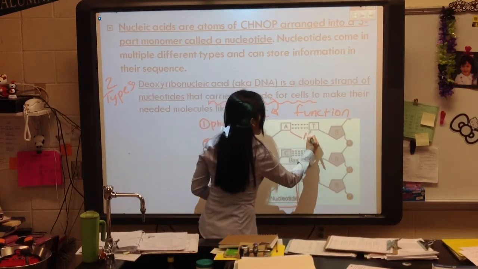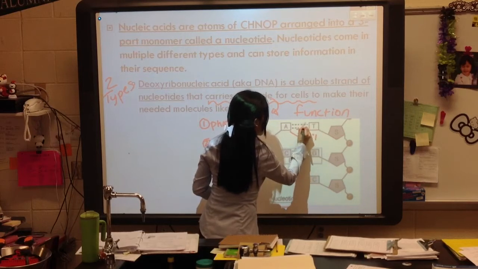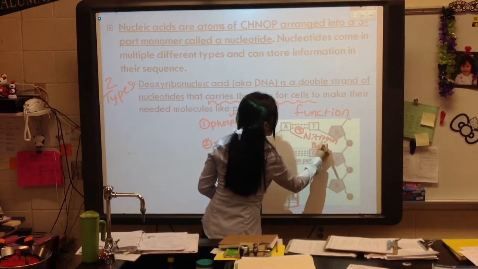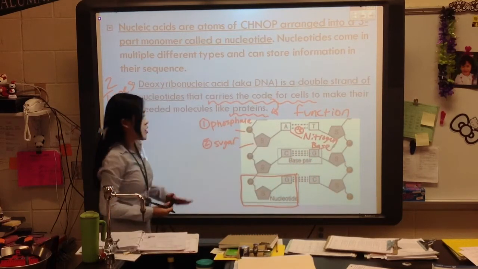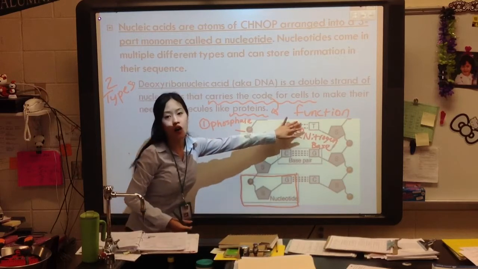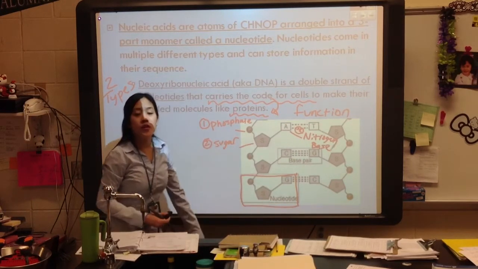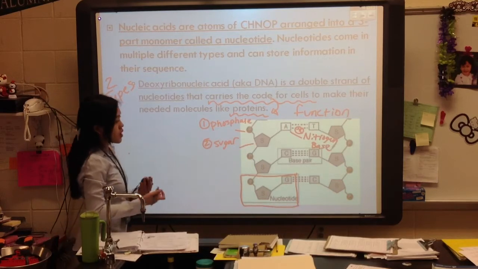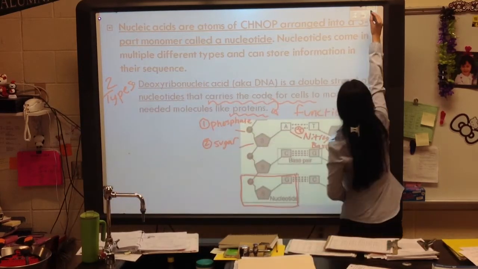This is going to be number 3, our nitrogen base. Those three things, our phosphate, our sugar, our nitrogen base, make up our nucleotide, which is the monomer of our nucleic acid.